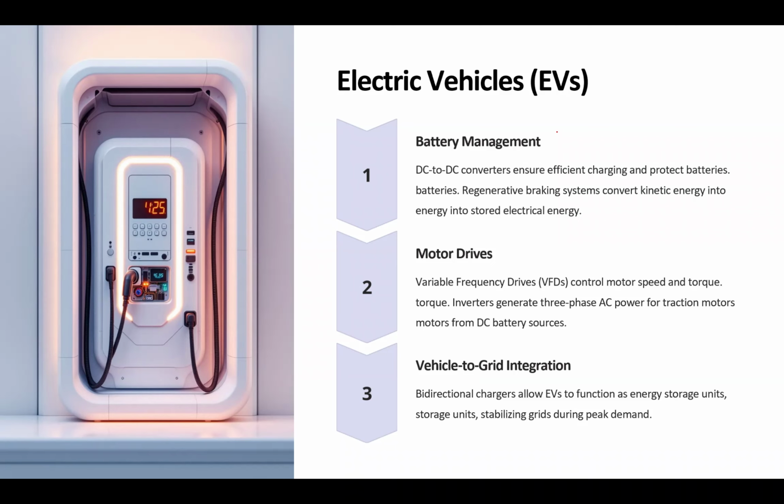So they have an AC to DC converter too. You know what I'm saying? A bi-directional system to increase their efficiency. But what I'm saying is that the EV is also one of the important applications of power electronics and inverters specifically.